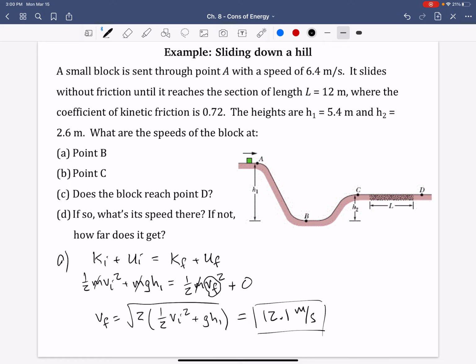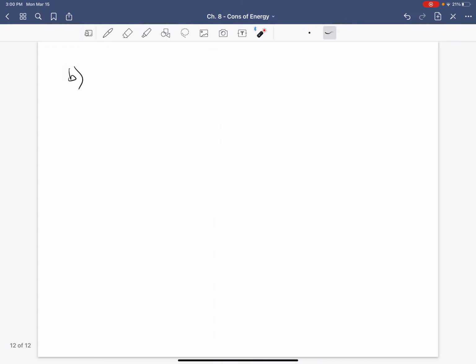We can do the delta U from one of two places. We can do this change in height, or we can just do from part A down to C. We can start at A, end at C, or we can start at B and end at C, whichever you want. So I'm going to do it both ways.